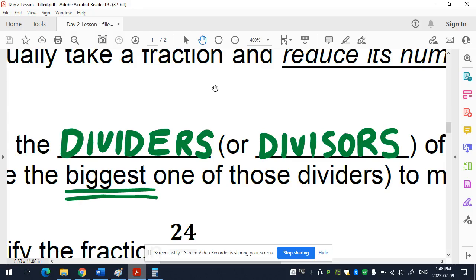Okay, so some people call them divisors, and some people call them dividers. I usually call them dividers because they come straight from the verb divide. But it is a common word to see in math courses and with math teachers saying divisor. What's a divider? A divider of a number is a number that could divide that. I know that was a circular logic thing to say.